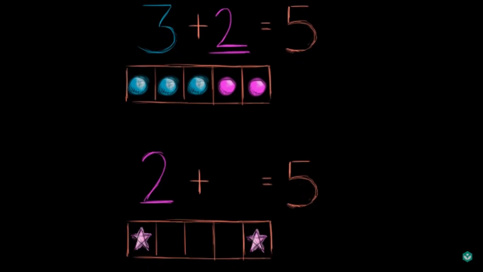So let's think about how many more of these boxes we need to fill in order to fill in all 5 of them. So we need to fill in 1, 2, and 3 of the boxes in order to fill out all 5. Now we have 5 stars. We have 2 of the pink ones, and we have 3 of the blue ones. So we can say that 2 plus 3, the mystery number here is 3. 2 plus 3 is equal to 5.